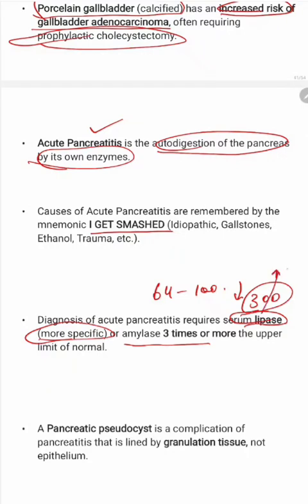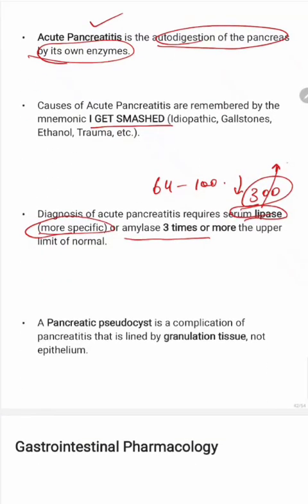Now, a pancreatic pseudocyst is a complication of pancreatitis, lined by granulation tissue, not epithelium. That's why it is called a pseudocyst. It is not lined by epithelium.